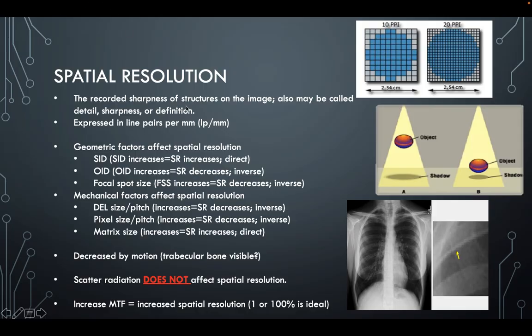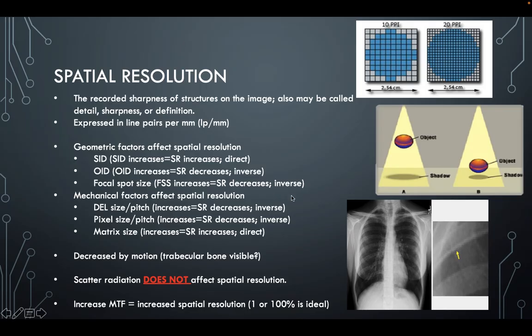And as focal spot size increases, spatial resolution is going to decrease, so that's an inverse reaction. I believe I have an image of this on the next slide. If not, I know there's stuff in the notes that you received from Amy about this. So please look over your line focus principle and how that relates to spatial resolution.